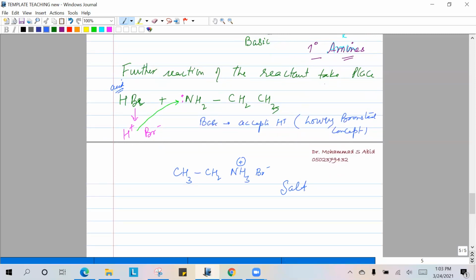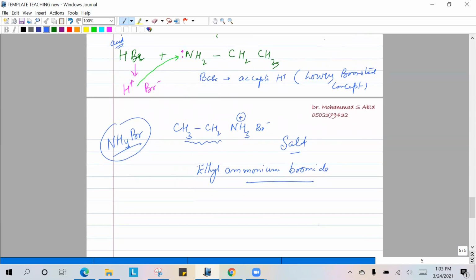If you want to know the name, because of this NH3 plus, it is basically like ammonium bromide. So I'm getting the name from here. Now instead of one of the H, you have the ethyl over here. So I will call it ethyl ammonium bromide.